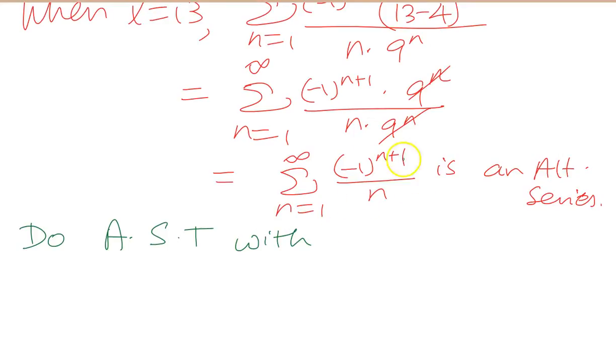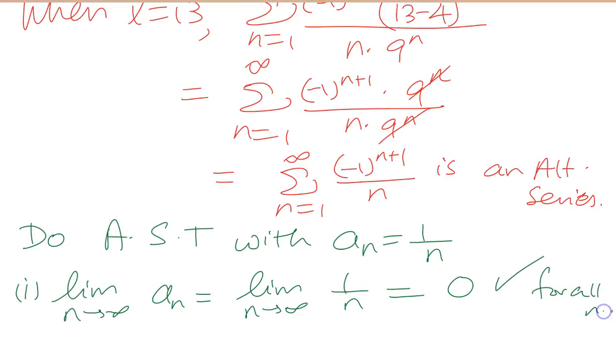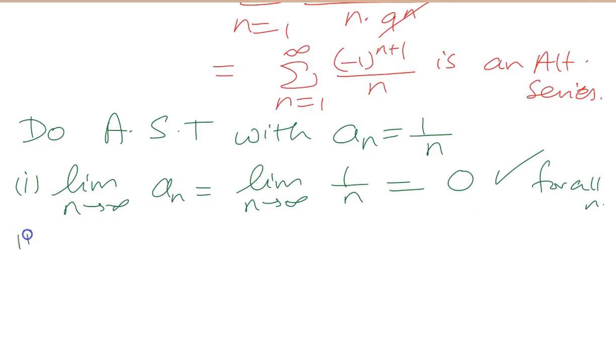First of all, for an alternating series given here, what is a_n? a_n is the part without the alternating component, right? Alright, what are the two conditions, guys? The limit as n goes to infinity of a_n must be computed, and then that limit must be 0.